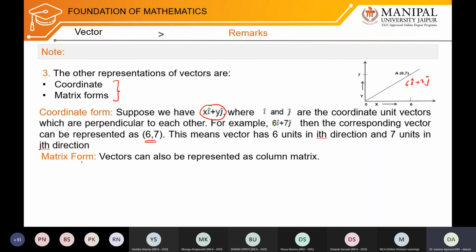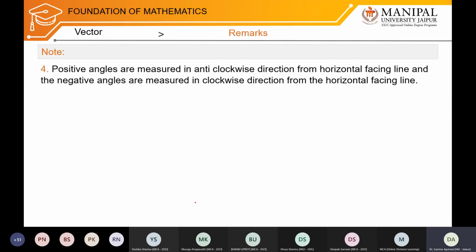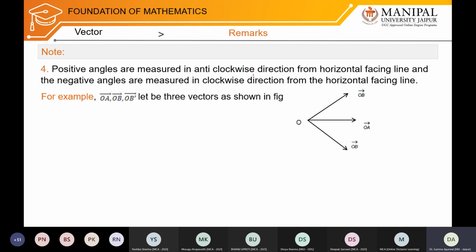It can also be represented by the matrix. We can represent it in the column 6 and 7, that is 6 i cap plus 7 j cap, right? The positive angles are measured in the anti-clockwise direction from horizontal line, and the negative angles are measured in the clockwise direction.